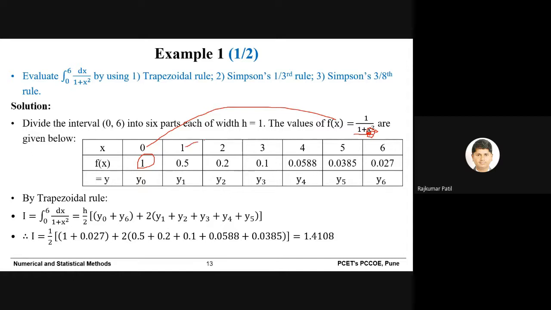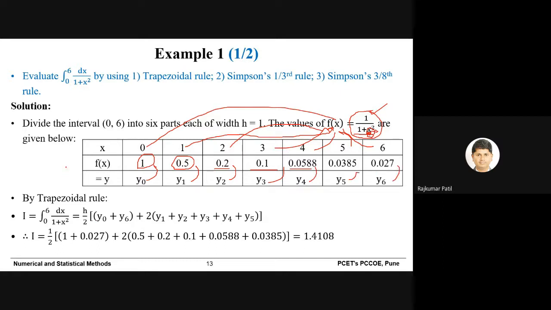Then put x equal to 1 in the function and simplify. Upon simplification you will get f of x as 0.5. Similarly, put x equal to 2, 3, 4, 5 and 6, and every time calculate the answer. And here you can see the values of y0, y1, y2, y3, y4, y5 and y6.